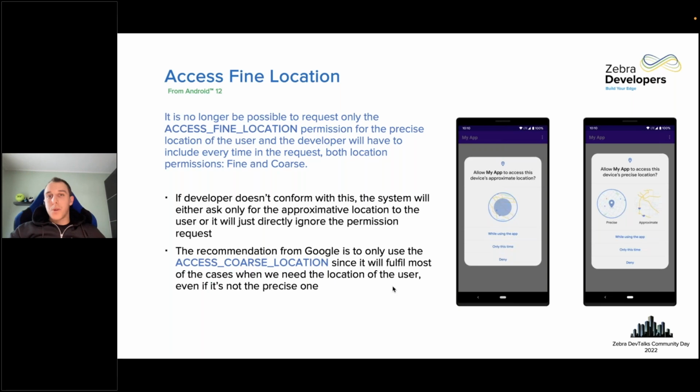This was made because you basically didn't give the user the ability to choose between the precise and the approximate location. So that's now mandatory, and starting with Android 13, the operating system will just ignore your request if you try to request only the access fine location. So your request should look like something like in the right corner here.